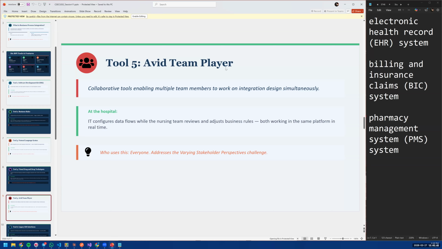So this feature would address one of the challenges that were covered in Unit 3 as well. And that would be the varying stakeholder perspective. When everybody can see and contribute to the integration design, you would be able to surface conflicts and misalignments early. So it wouldn't be one person implementing everything, as I said.